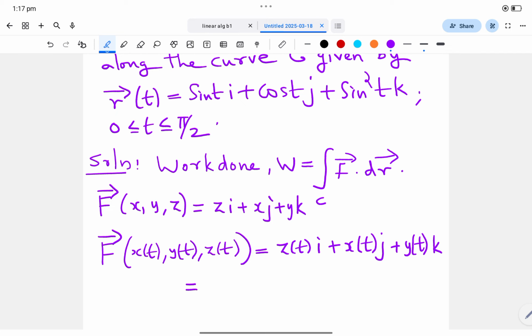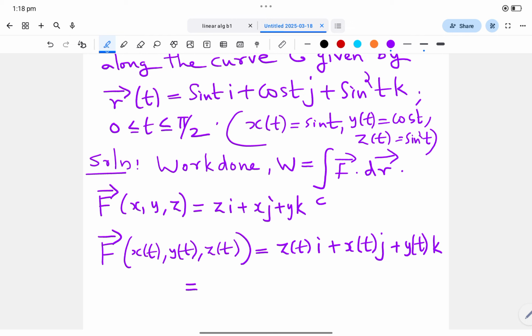It is given that R of t is equal to sin t i plus cos t j plus sin square t k. So from this we can write x of t is equal to sin t, y of t is equal to cos t, and z of t is equal to sin square t.